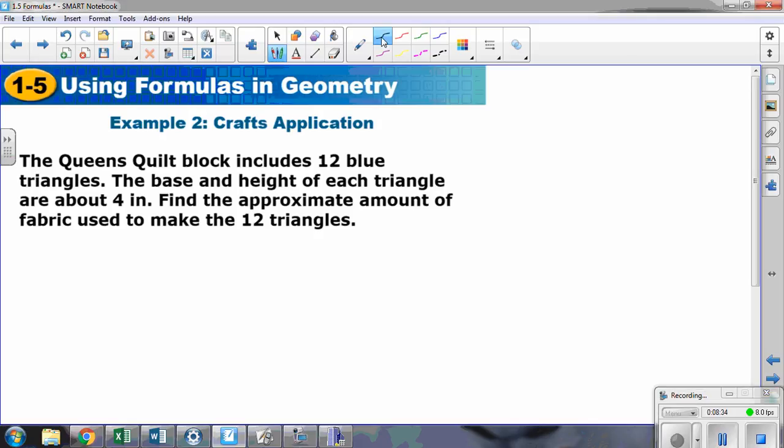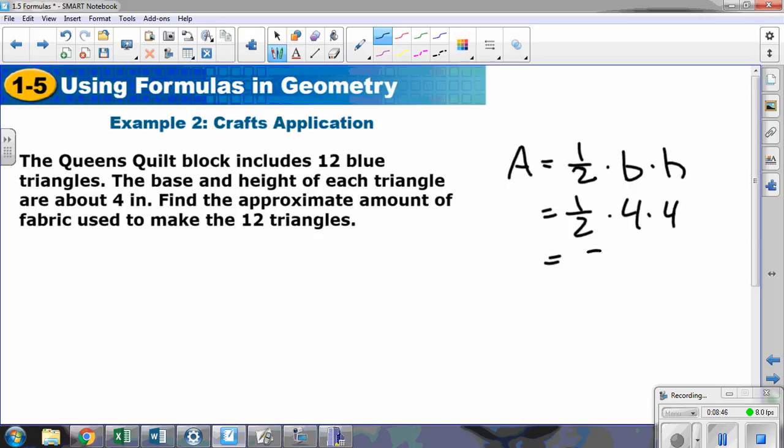All right, so taking our area formula, 1/2 times base times height. We've got 1/2, 4 times 4. So 2 times 4, which gives us 8. And it's 8 square inches. Be careful though, because we're not done.